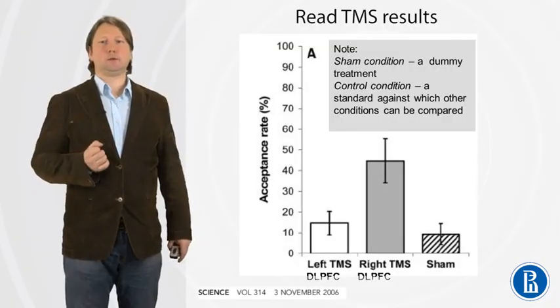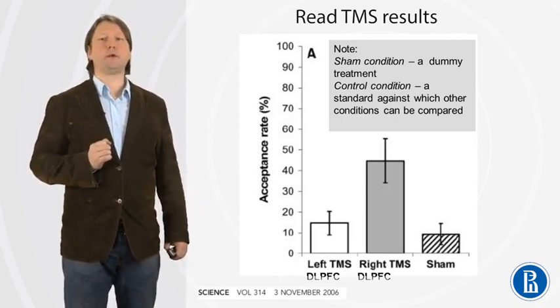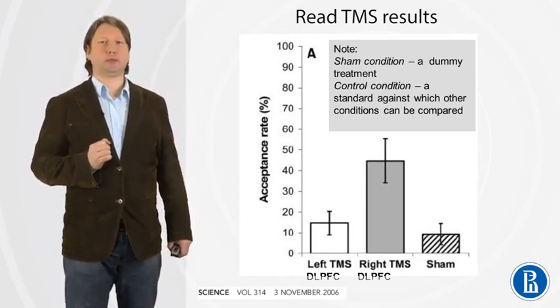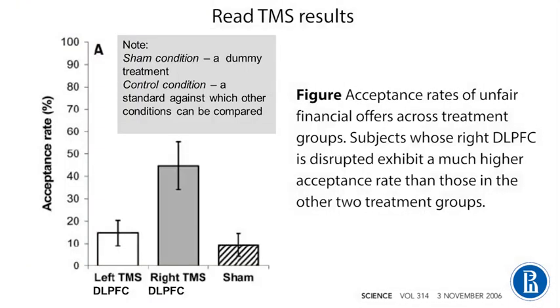So in this example, you see the results of a very famous study showing the acceptance rates of unfair financial offers. So as you see here, the transcranial magnetic stimulation of the right dorsolateral prefrontal cortex leads to a higher acceptance rate of the unfair financial offers relative to the control, relative to the stimulation of the left dorsolateral prefrontal cortex, and relative to the sham stimulation, so the condition when no transcranial magnetic stimulation is applied.